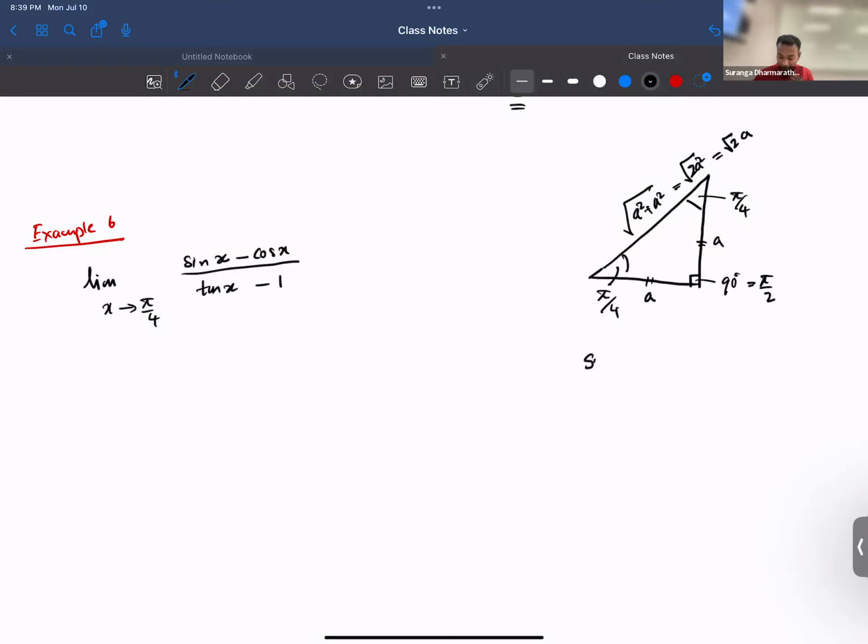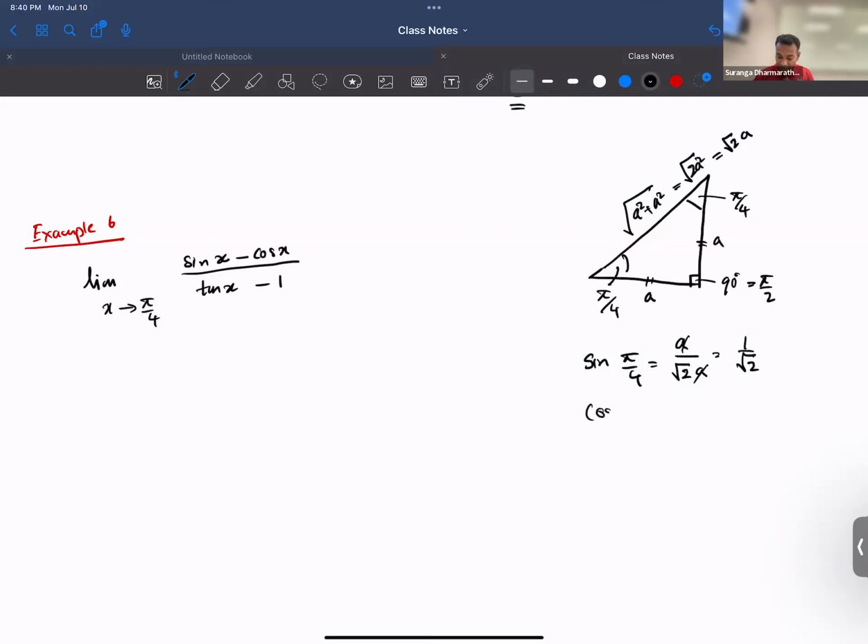So what is sine pi over 4? If this is A, divided by square root of 2 times A, cancel that, 1 over square root of 2. Does that make sense?